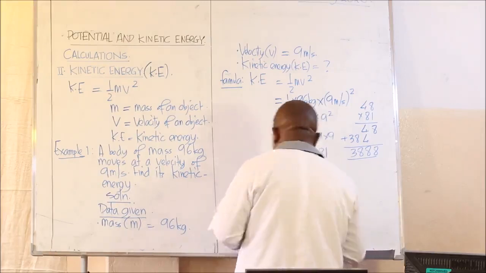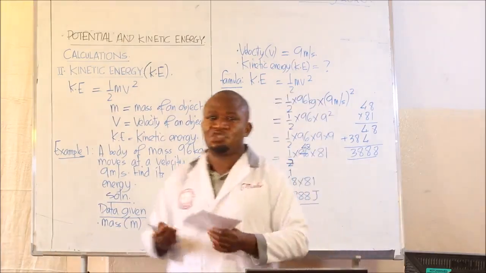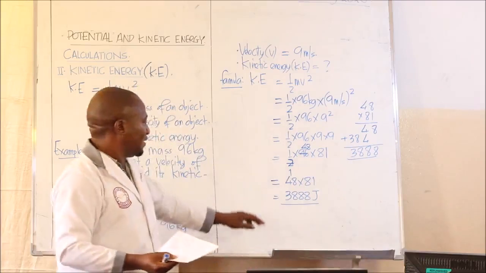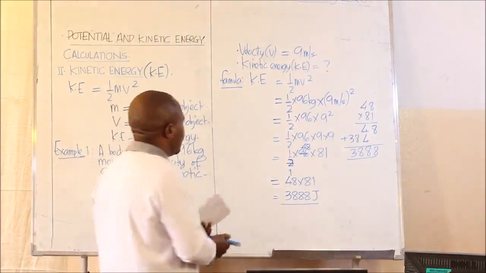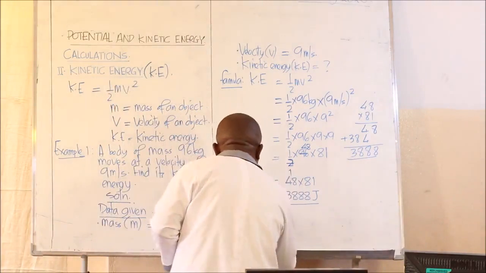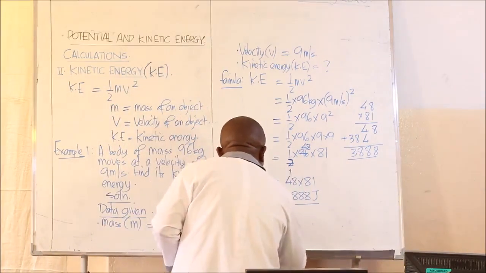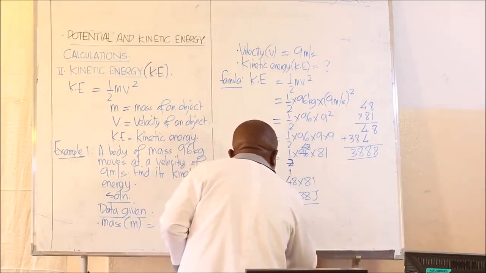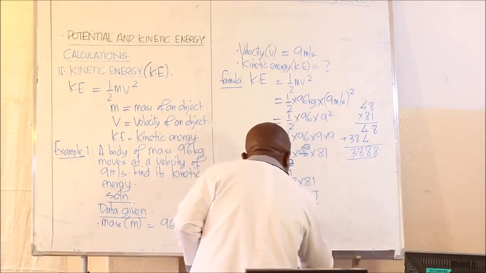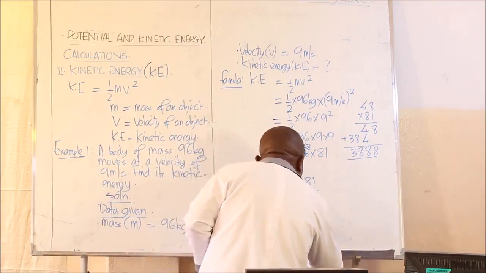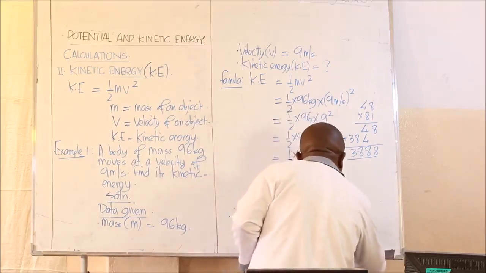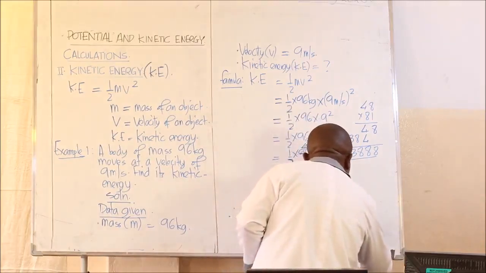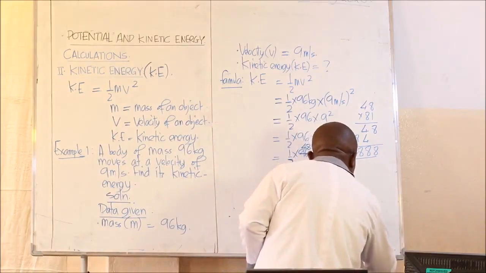Now capital letter J represents the joules. Remember, the joule is the unit of energy. You conclude by saying, therefore, the required kinetic energy as per our question equals 3,888 joules.